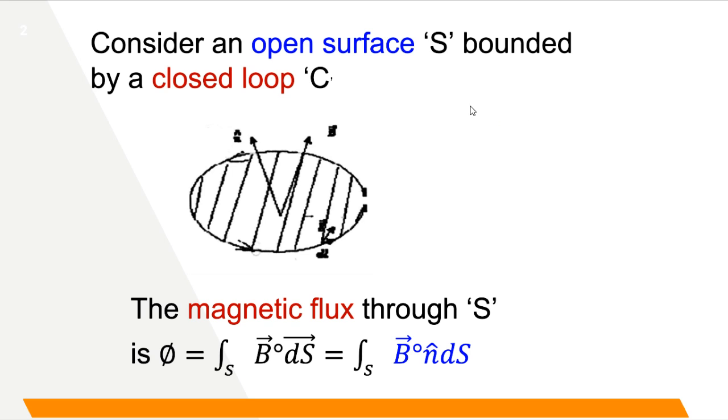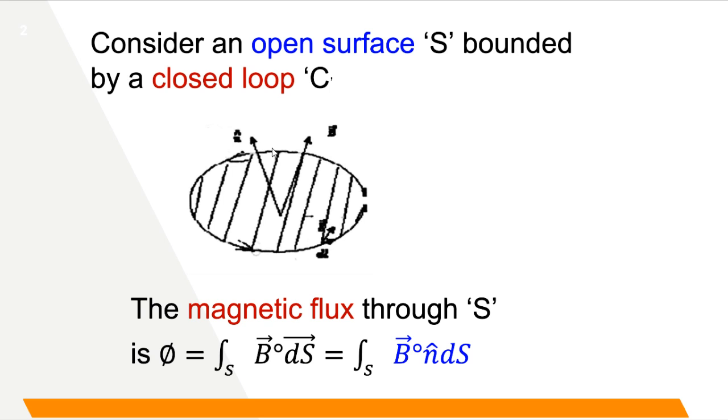Instead of that, we write magnetic flux phi equal to A dot B, where A is the surface area and B is the magnetic field strength. When written in integral form, the magnetic flux through this surface is the surface integral of B dot ds.